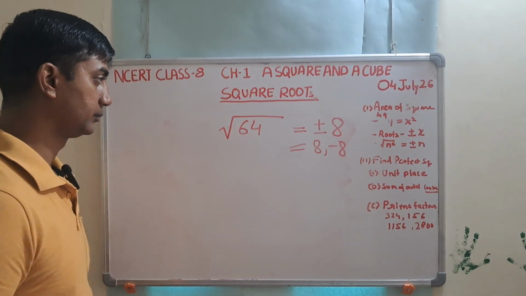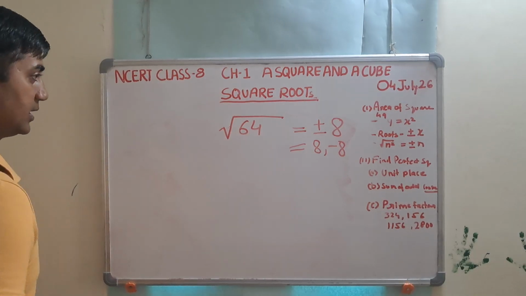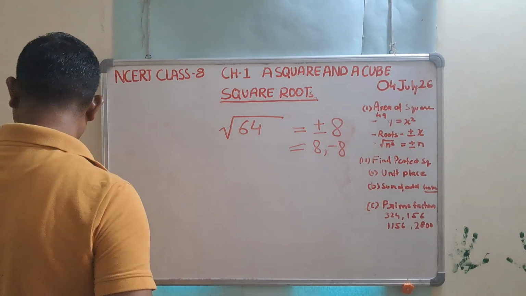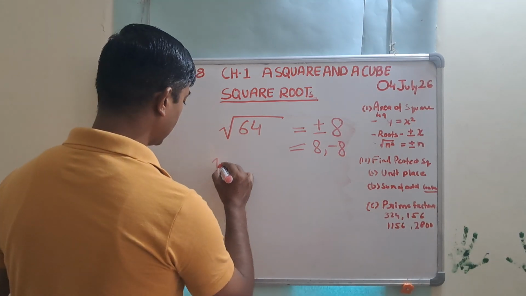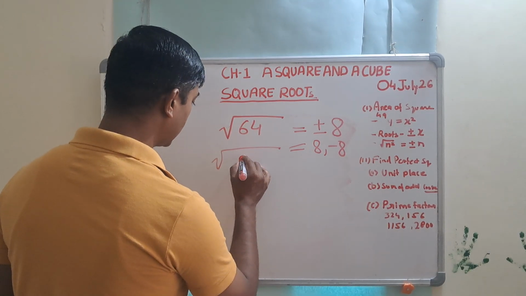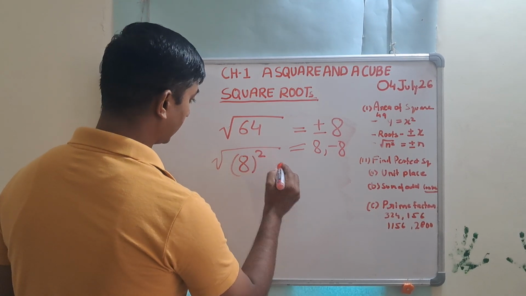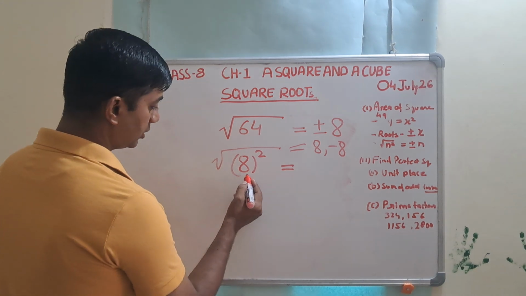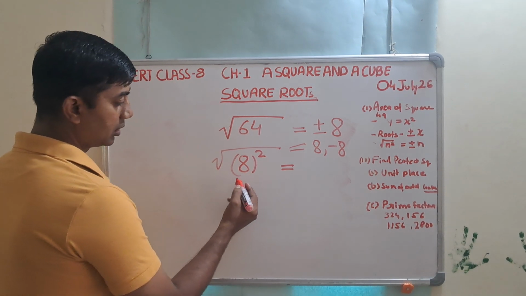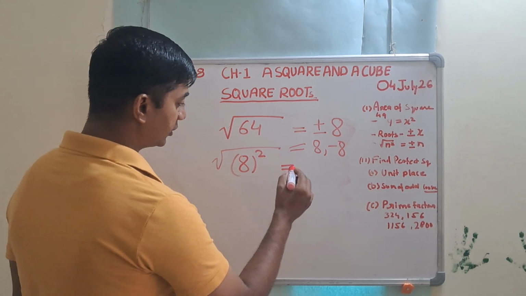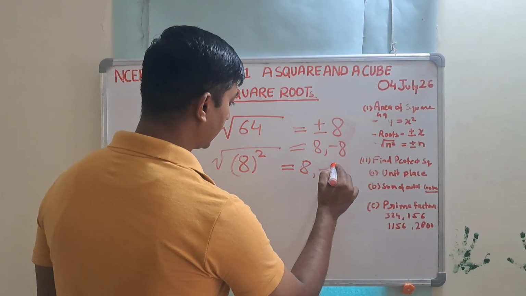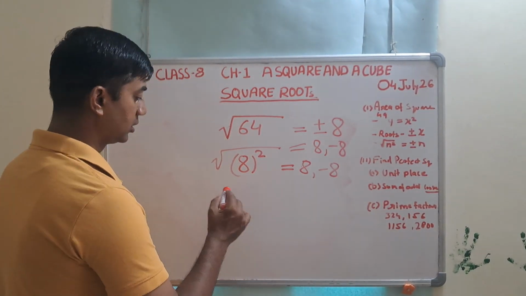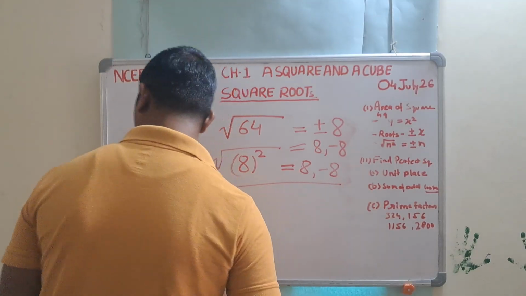Understood? So in a generalized way, we can also say this 64 is 8 square. Then from 8 square, we get the square roots 8 and minus 8. Understood? In a generalized way, what do we write?